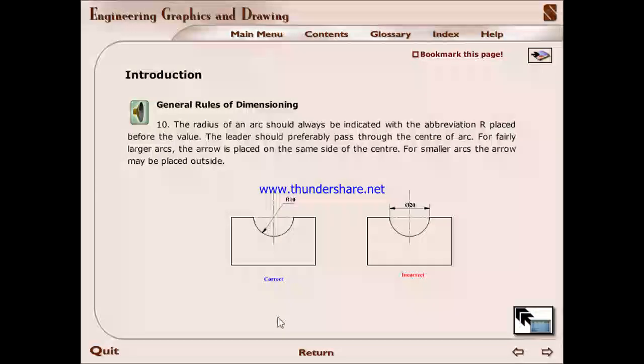The radius of an arc should always be indicated with the abbreviation R placed before the value. The leader should preferably pass through the center of the arc. For fairly large arcs, the arrow is placed on the same side of the center. For smaller arcs, the arrow may be placed outside.